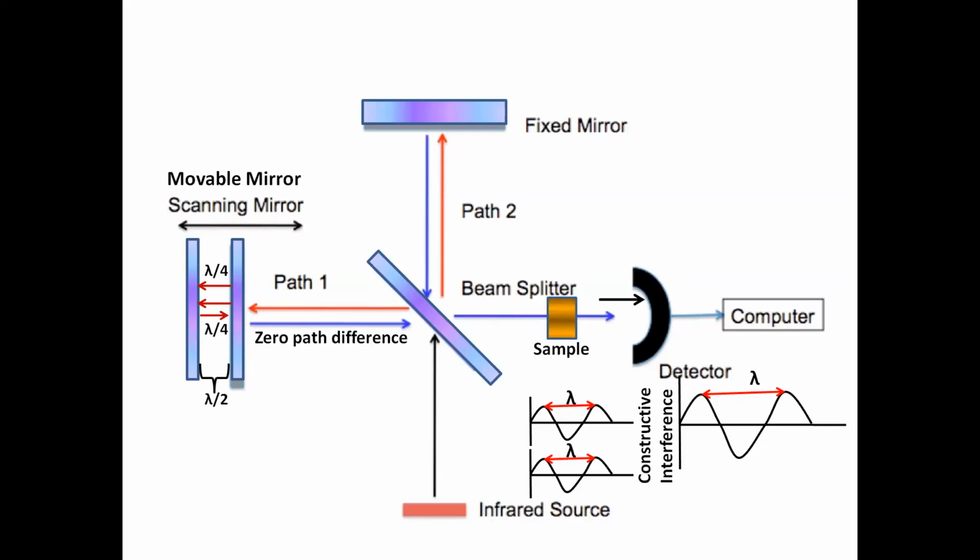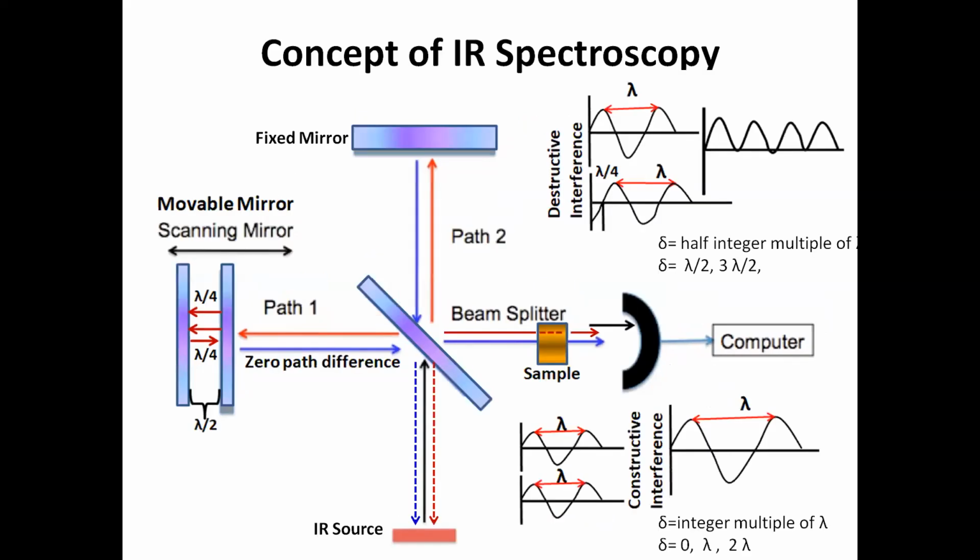So total path difference will be lambda by 2. Now what will happen? Now you come to this picture. This total path difference is lambda by 2. If this path difference is not there, if zero path difference is there, both waves will have zero path difference. Constructive interference will take place.